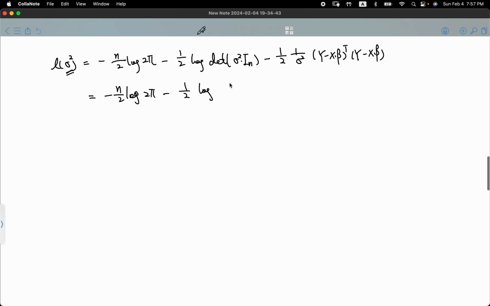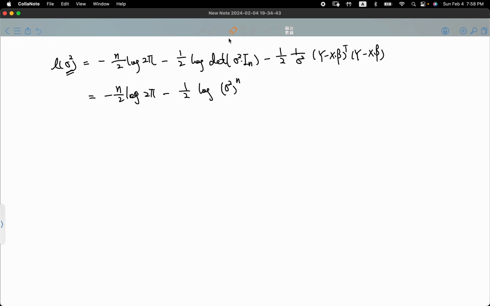So this is the log of sigma square raised to the power of n when we move it outside the determinant, and then the determinant of the identity. The determinant of the identity is just the product of the diagonal elements, so it's all 1.